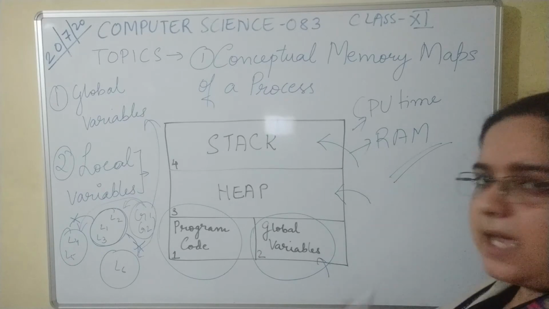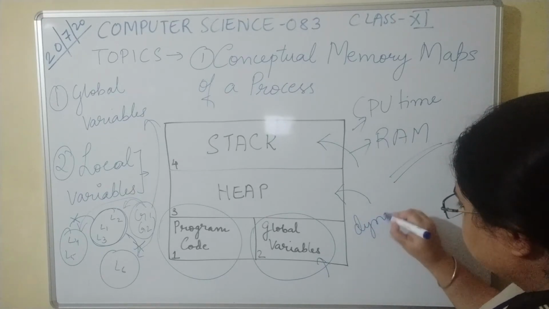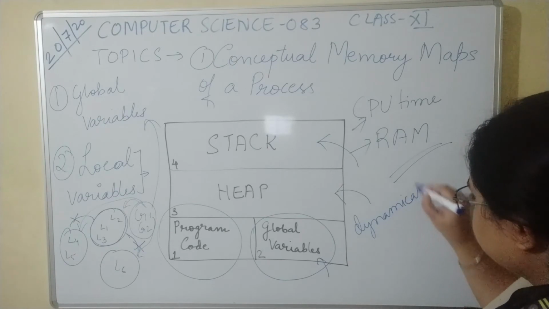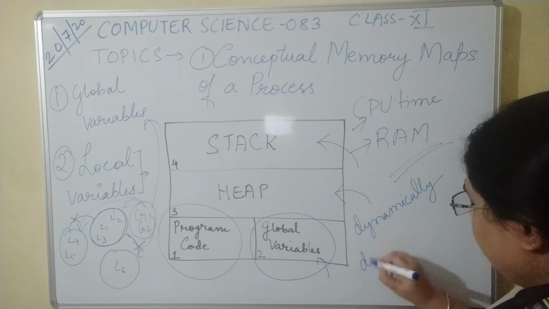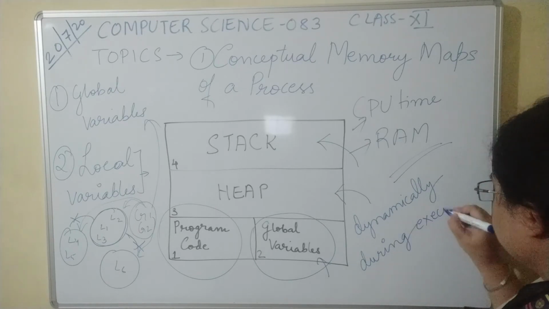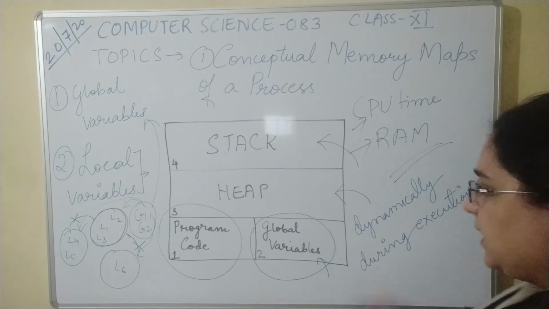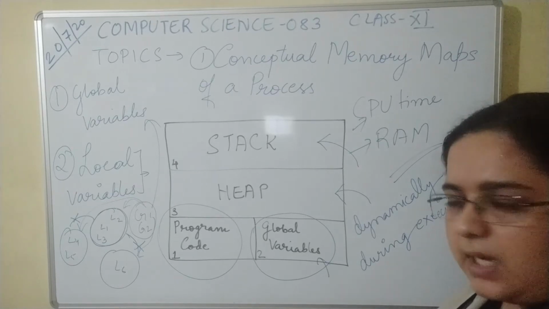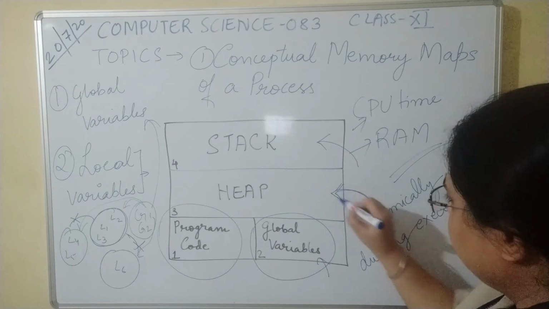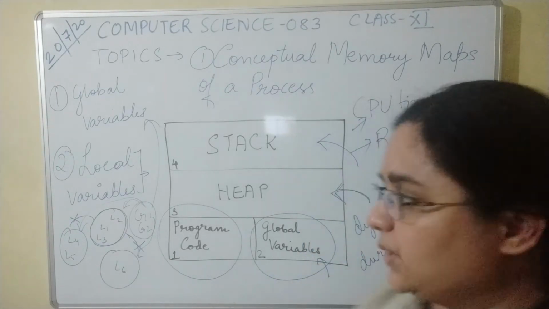Then certain times a program also uses memory dynamically during execution. A program can use memory dynamically during execution, and that memory will be allocated during runtime, that is, when the process is getting executed.